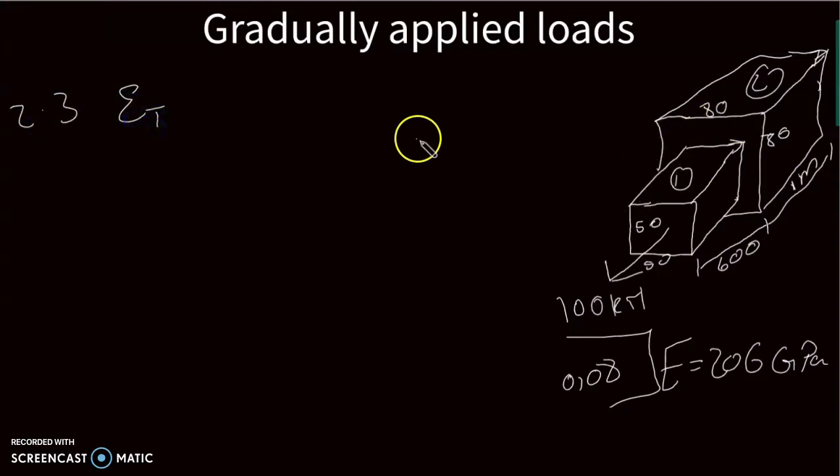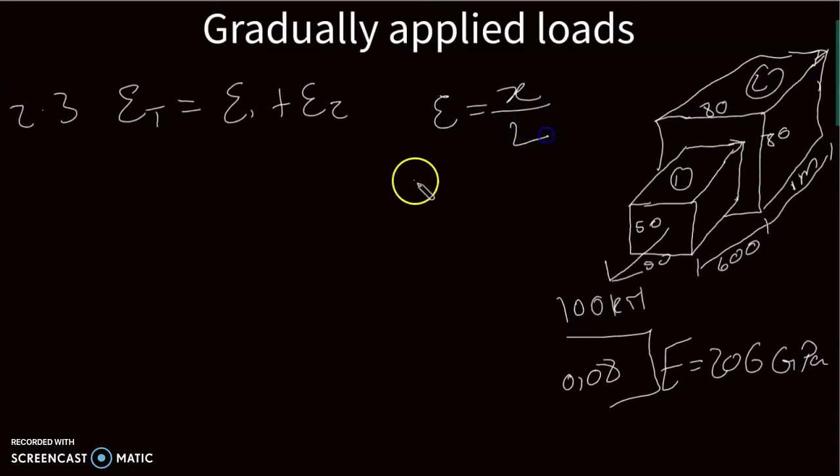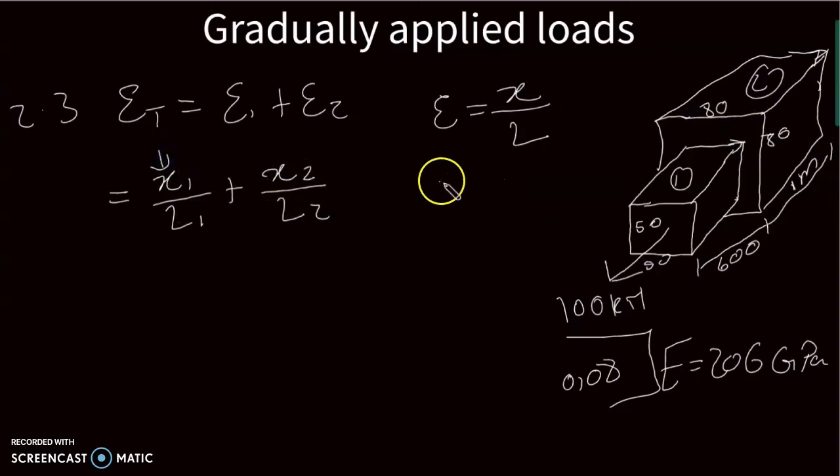We have two sections. Therefore, we know that total strain is given by strain number 1 plus strain number 2. The formula to calculate strain is change in length per unit length. Therefore, we are going to say change in length number 1 divided by length number 1 plus change in length number 2 divided by length number 2. We are going to substitute our change in length.